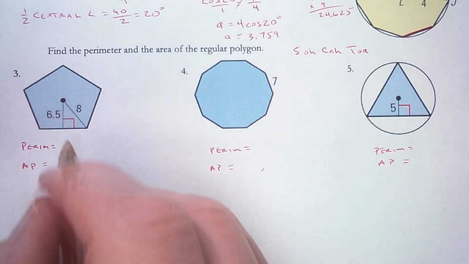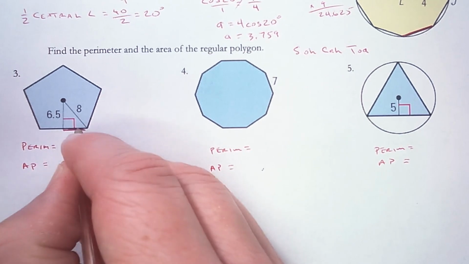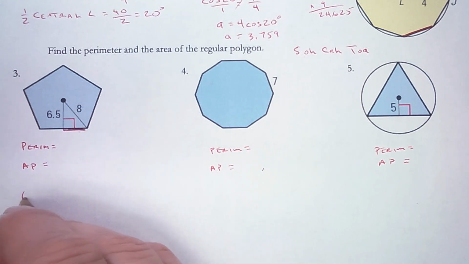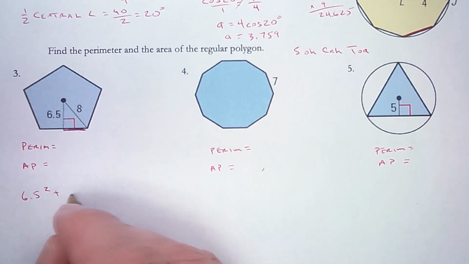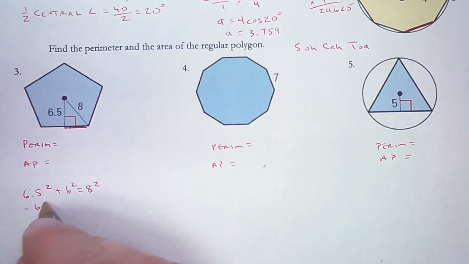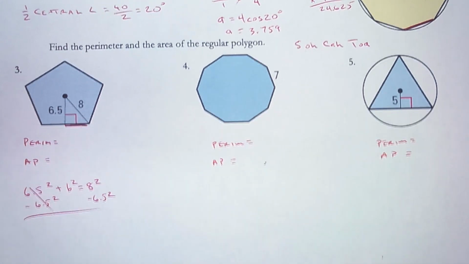Okay, so for our first problem here, I can find this right here by using Pythagorean Theorem. A squared plus b squared equals c squared. So I've got 6.5 squared plus b squared equals 8 squared. So we'll subtract 6.5 squared from both sides.